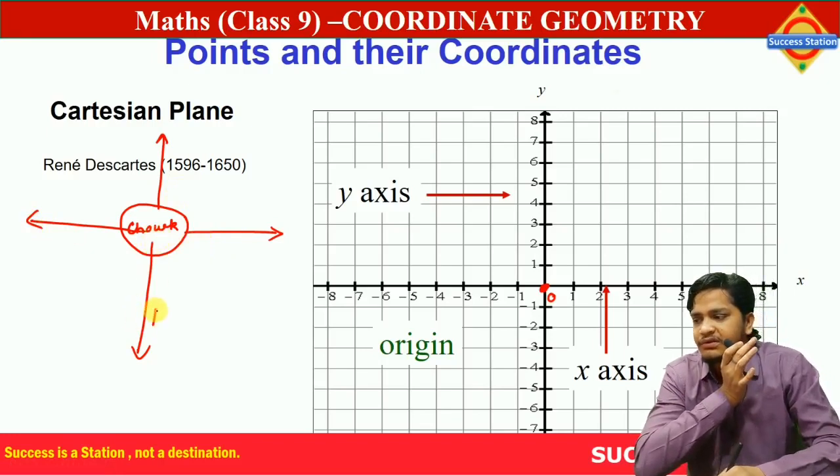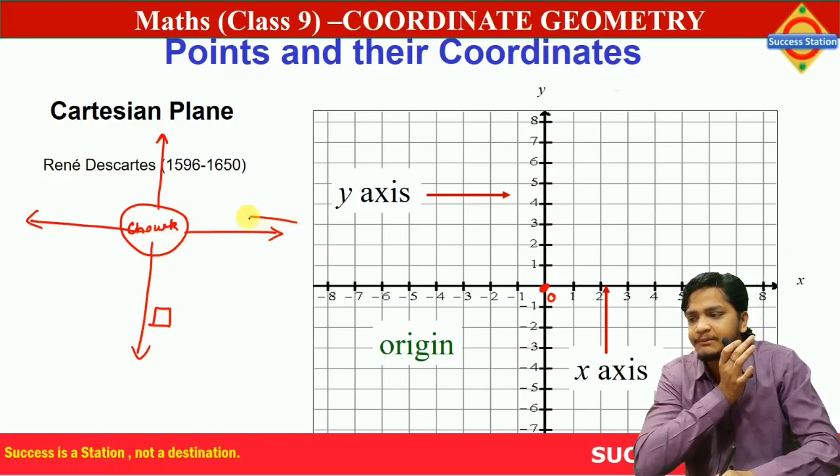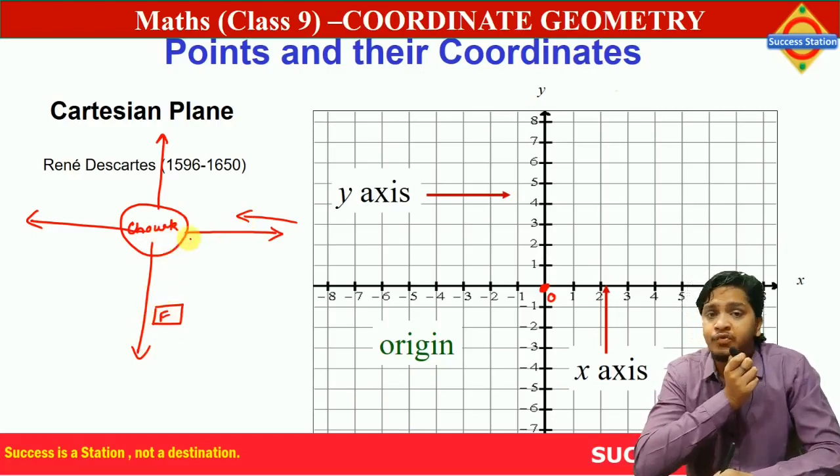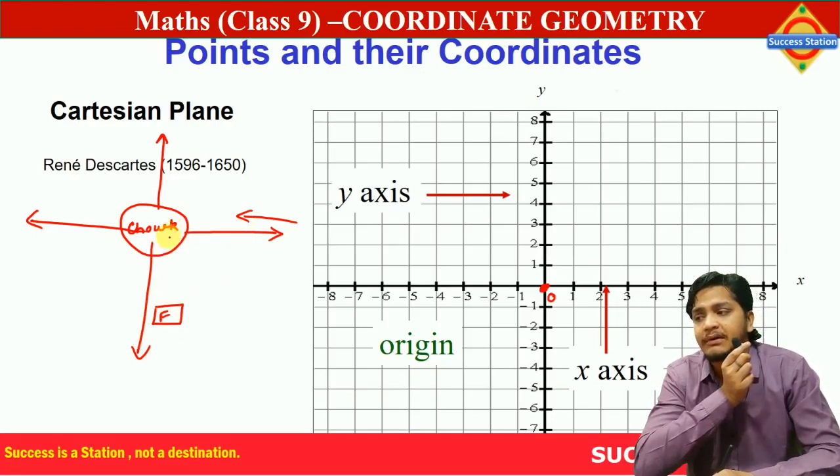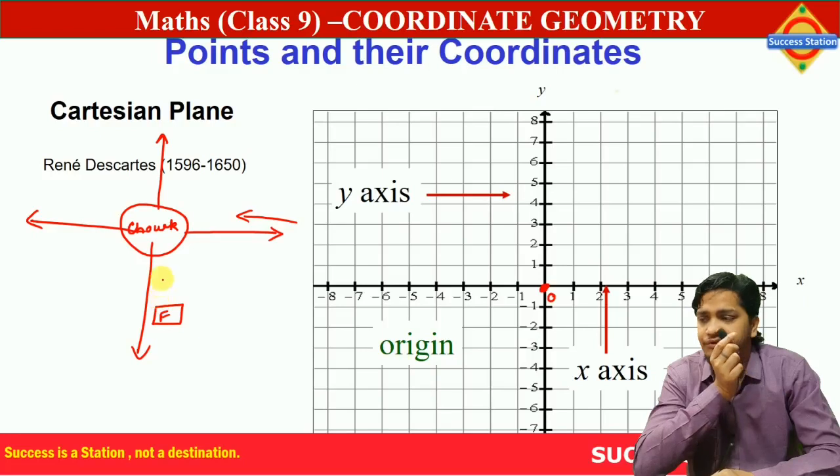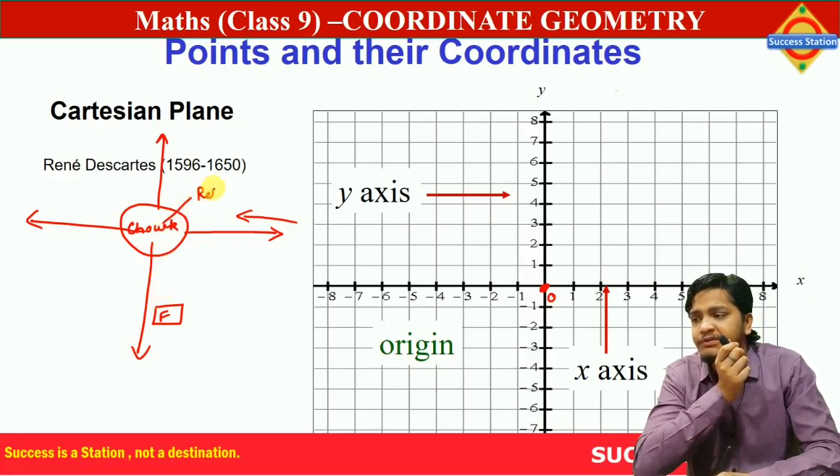If you want to go to your friend's home and you are coming this way, what will your friend tell you? Come to the chowk first, then from the chowk come forward towards this direction. He will show you the chowk, say you take a left or right, whatever. So what is the reference point? The reference point is the chowk.